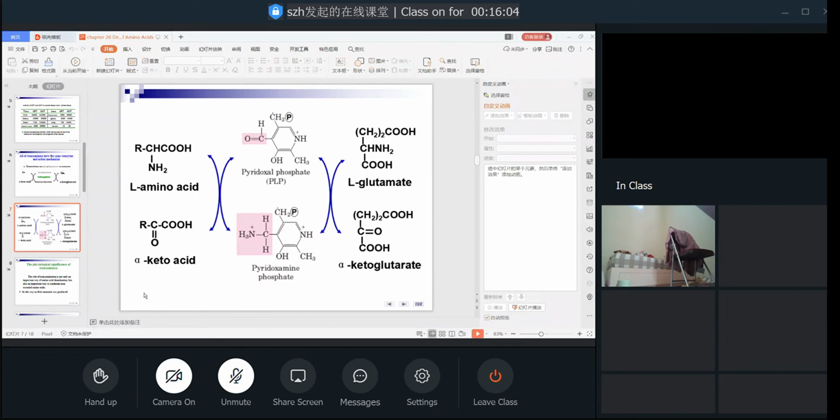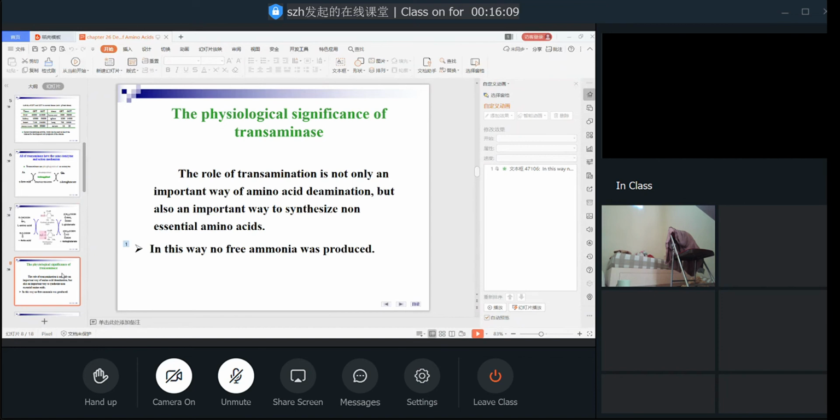For the transaminase, the role of transamination is not only an important way for amino acid deamination, but also an important pathway to synthesize the glutamate. In this way, no free ammonia is produced. So yesterday we studied the putrefaction.